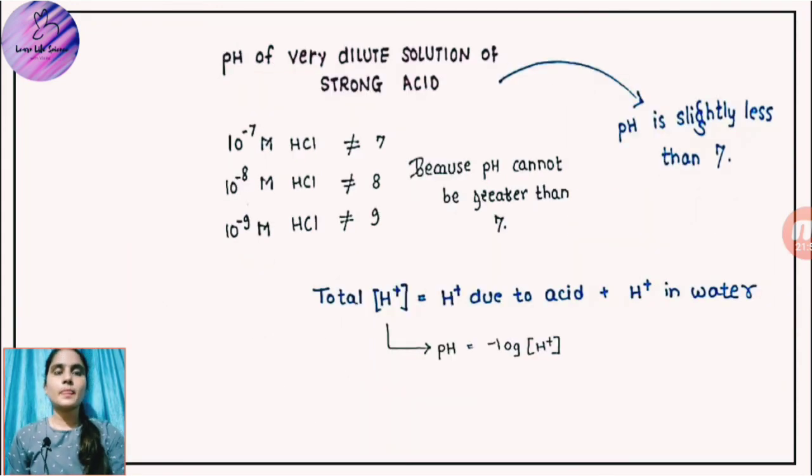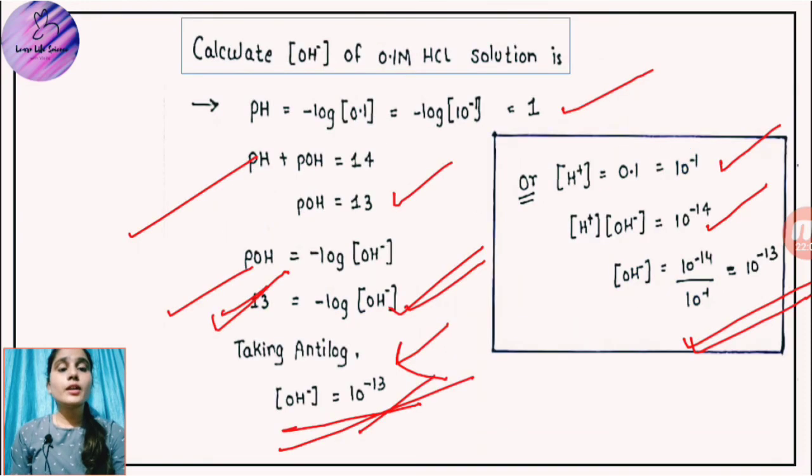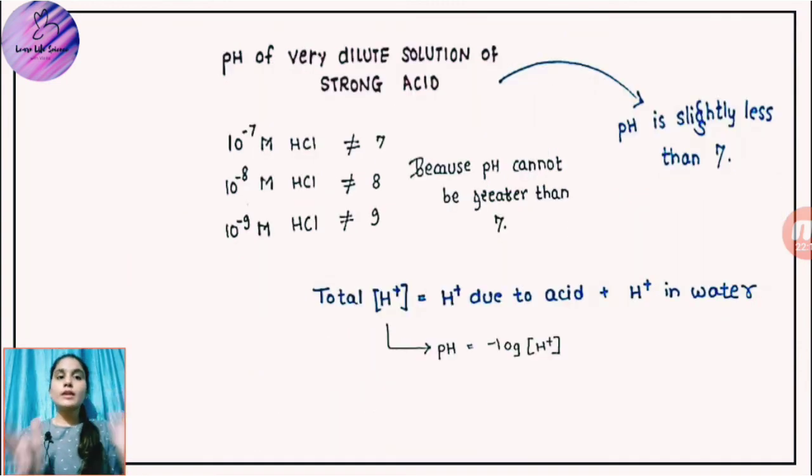Moving next. Till now we have calculated the concentration of OH minus ions as well as the pH of a basic solution. Now let's talk about the pH of a very dilute solution of a strong acid. For example, till now you know that if the hydrogen ion concentration of any solution is 10 raised to minus 3, the pH will be 3.